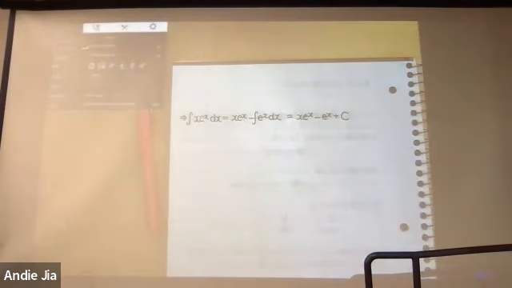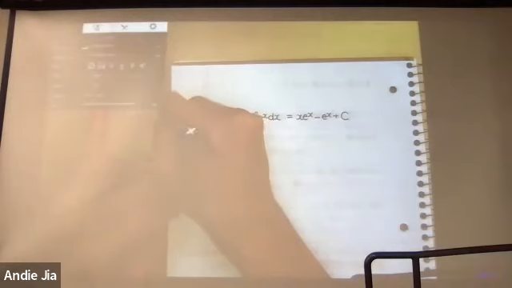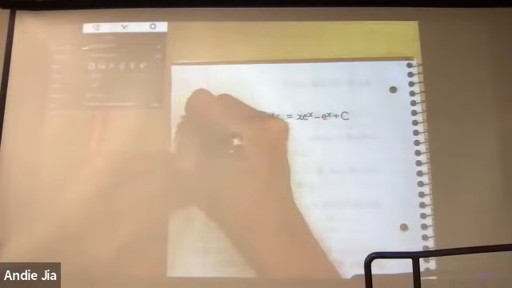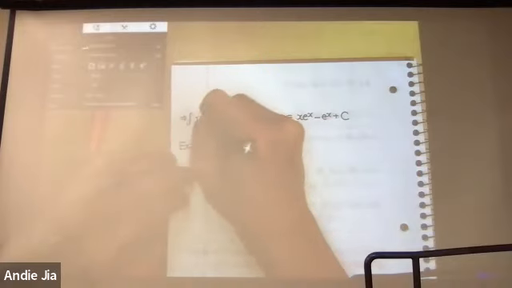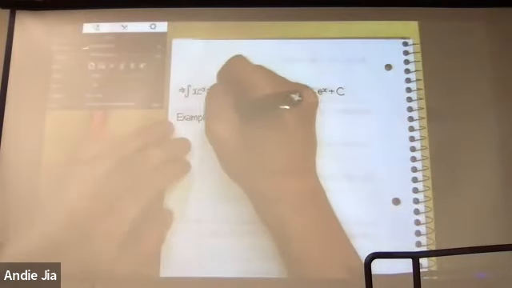And now we're gonna try another one. Example 2. Evaluate the integral.